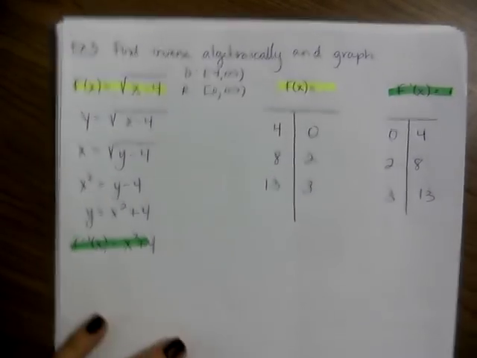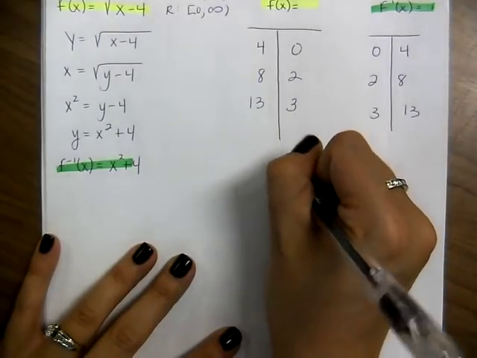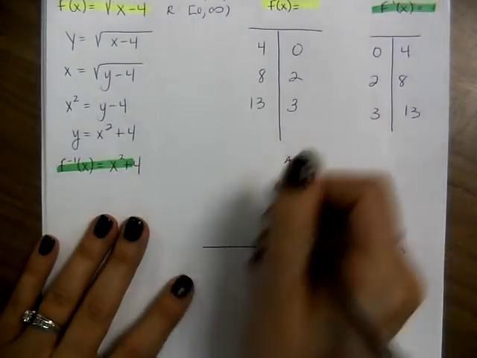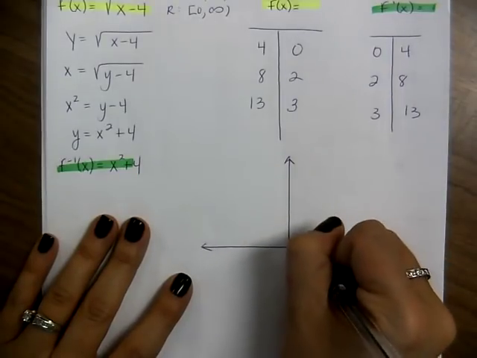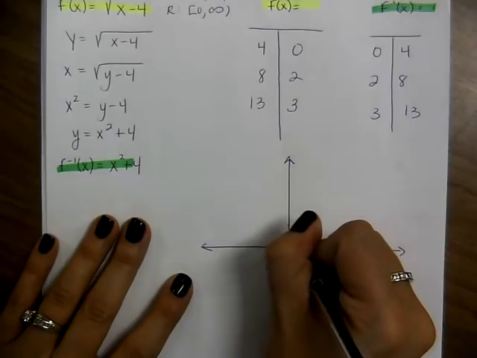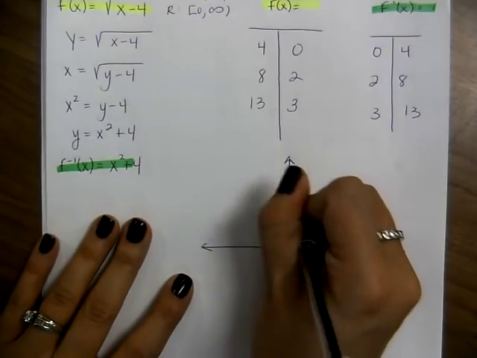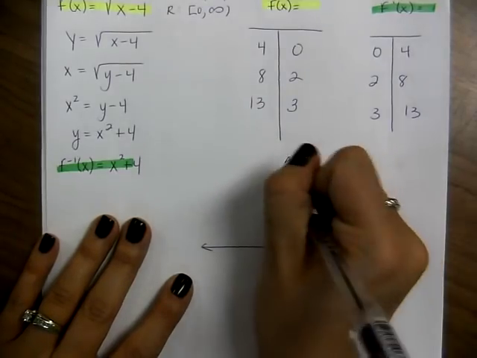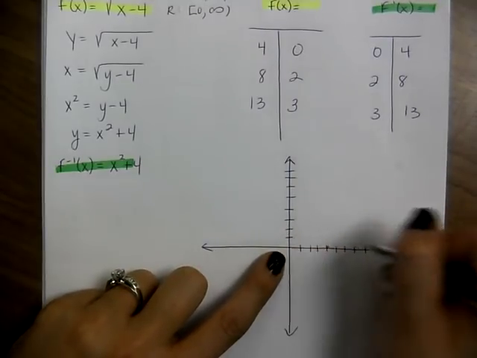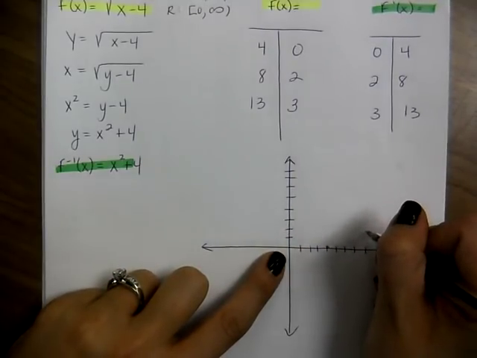Okay, so now let's graph this. All right, so I have 4, 0, and 8, 2. That's all I'm going to put on here.